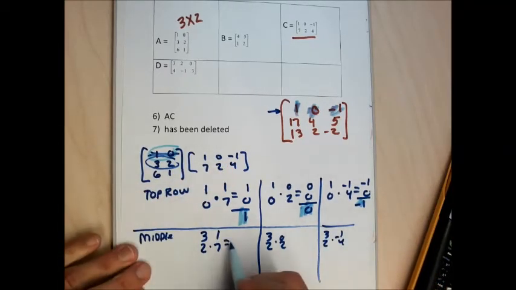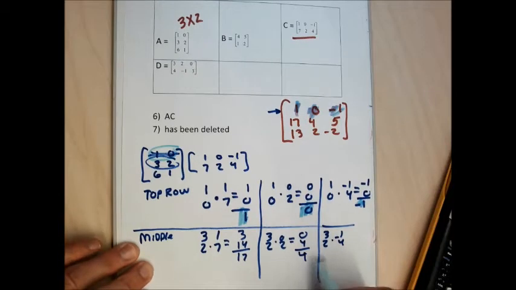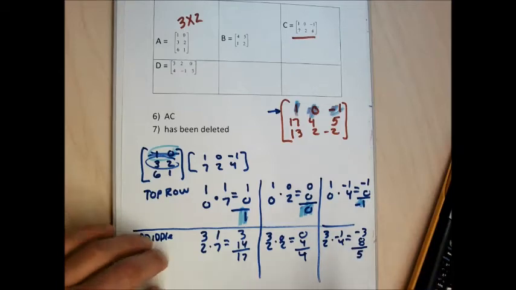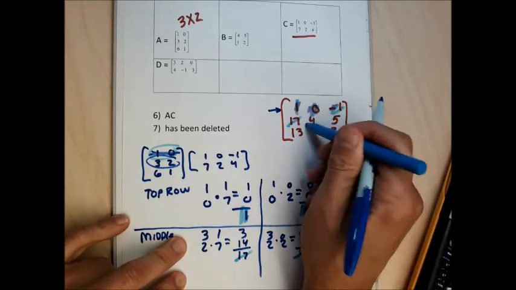I'm going to multiply across. 3 times 1 is 3, 2 times 7 is 14, add 3 plus 14 is 17. Multiply across. 3 times 0 is 0, 2 times 2 is 4, add 0 plus 4 is 4. Multiply across. 3 times negative 1 is negative 3, 2 times 4 is 8, add, but they have opposite signs, so I'm really subtracting, and I get 17, 4, and 5, which is this 17, 4, and 5.